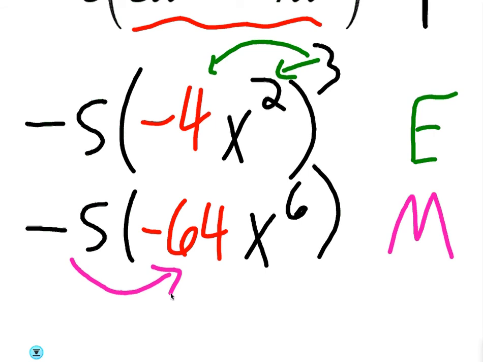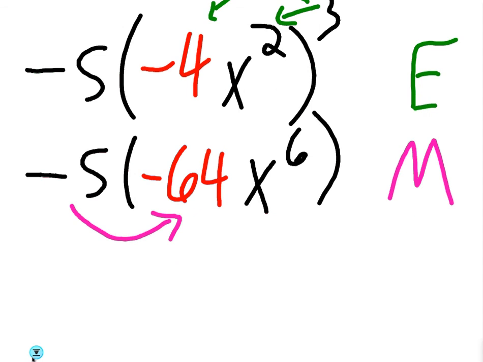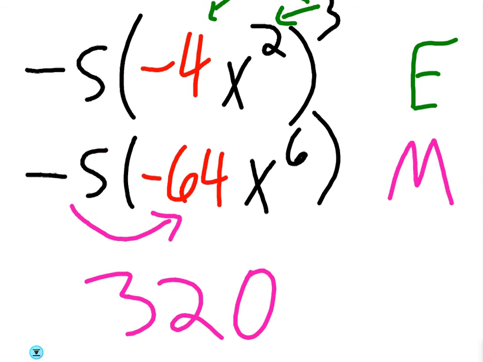Distribute only works if it was like negative 64 plus x to the 6. Then you would distribute the negative 5 to both, but we only have to actually multiply negative 64. So negative 5 times negative 64, 320. And this is going to be your final answer. Okay, no division to do, no addition, no subtraction.